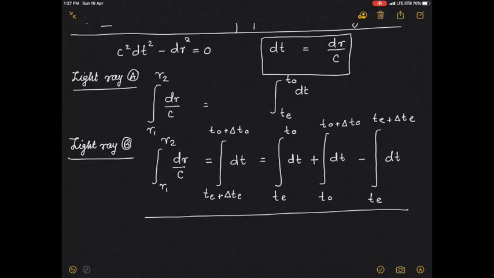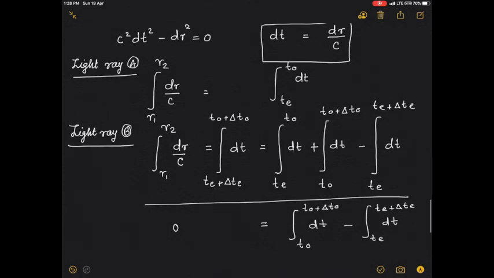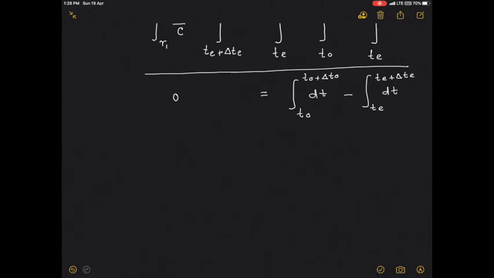If we now subtract this line from this line, the left hand side becomes 0. In the right hand side, the first integral is the same, so that cancels out. I'm left with the integral from t observed to t observed plus delta t observed of dt, minus the integral from t emitted to t emitted plus delta t emitted of dt.